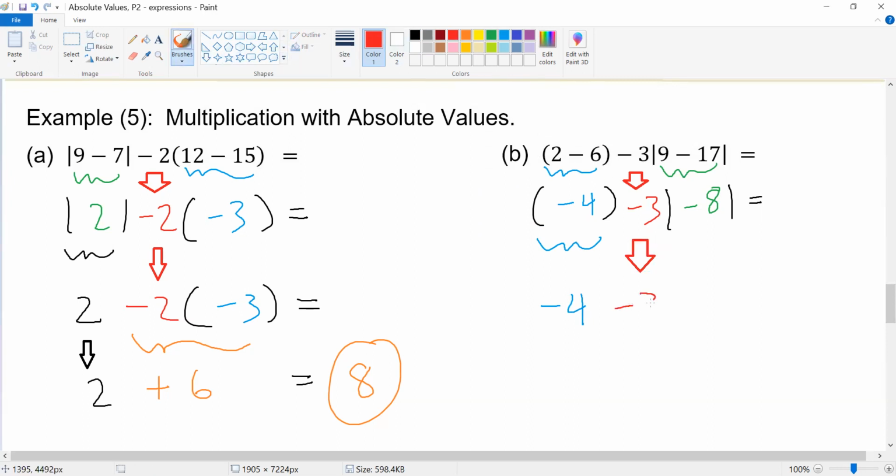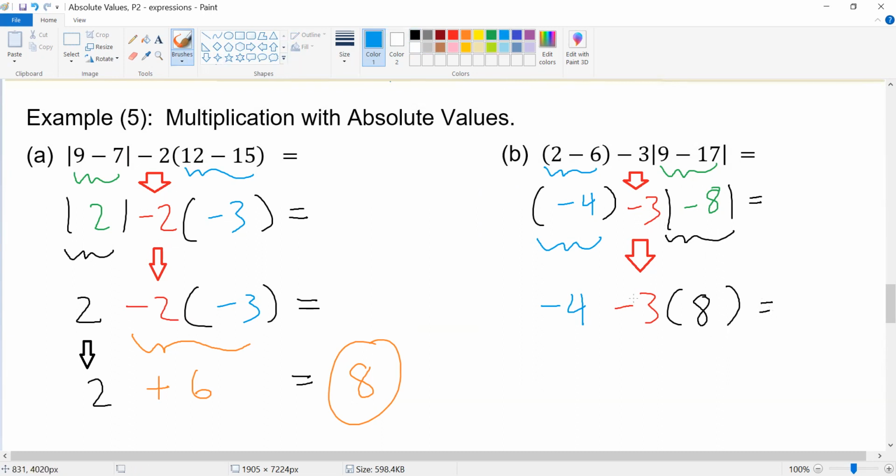So as a result, we're just going to bring down the negative 3. To indicate that we're going to simplify the absolute value of negative 8 here, we're going to draw up some parentheses. This parentheses tells us that we've taken care of the absolute value of negative 8, which is just going to be 8.